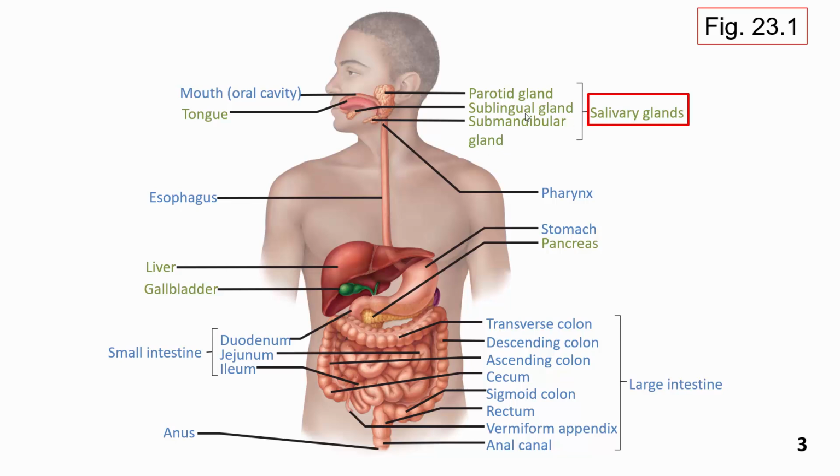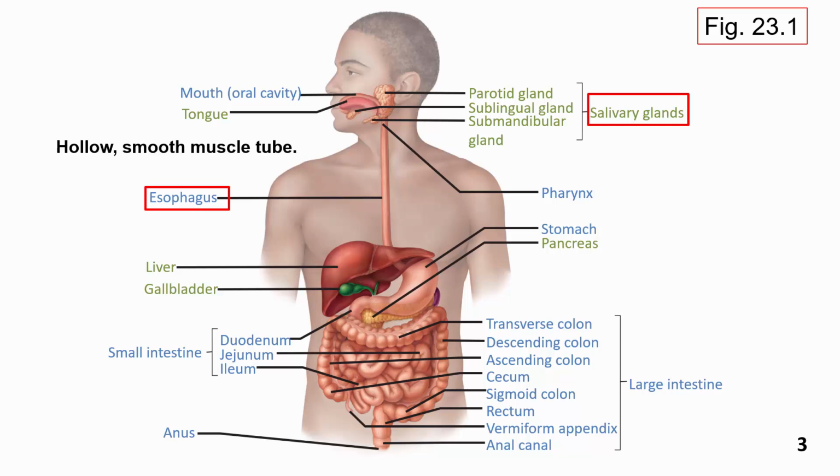And the salivary glands, and we'll address this in a subsequent video, will function to produce saliva, and that saliva, in addition to other compounds, includes enzymes that will initiate the breakdown of that food.